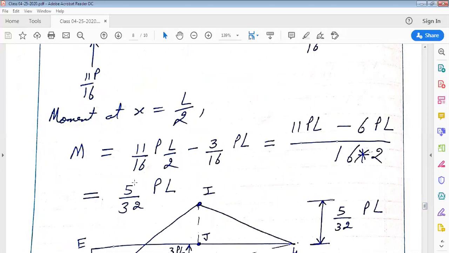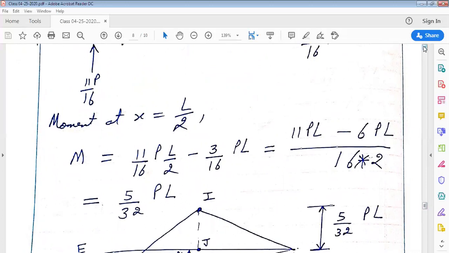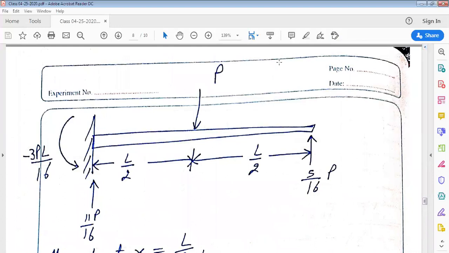Now we are ready to draw the bending moment diagram for this particular configuration, because we know bending moment at the left end is minus 3PL by 16. Bending moment at the middle we have just derived, and we know that the bending moment at the right end is 0.